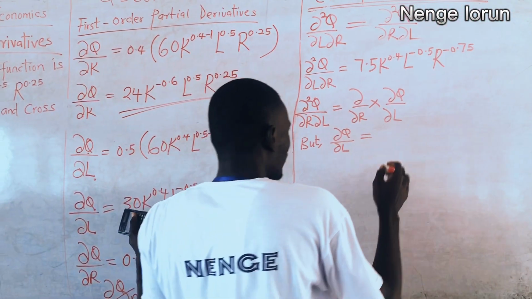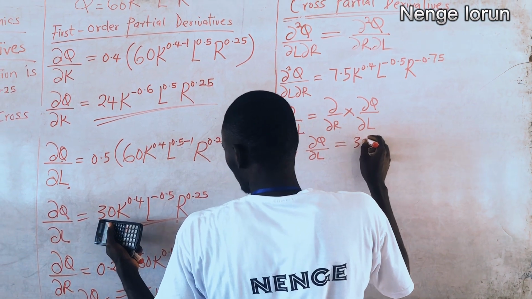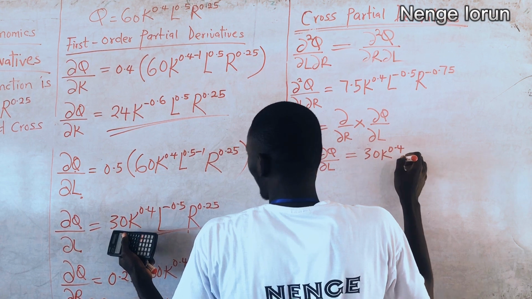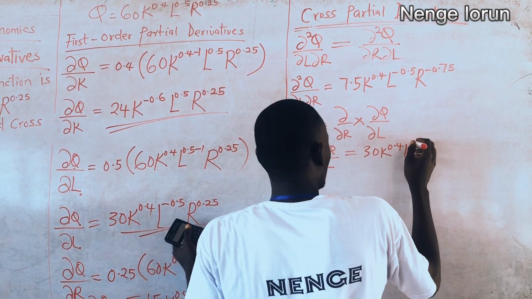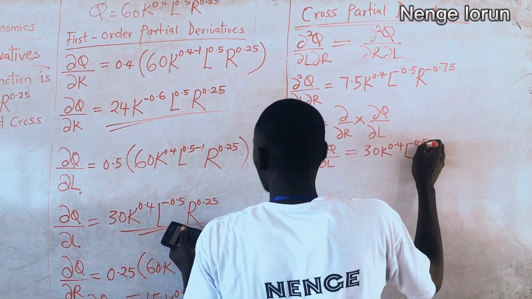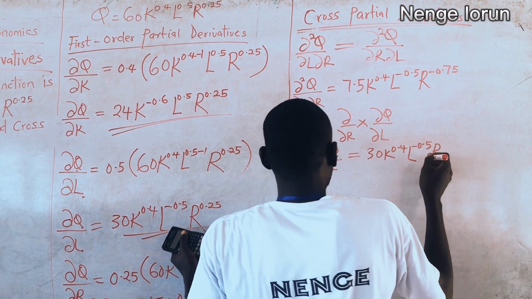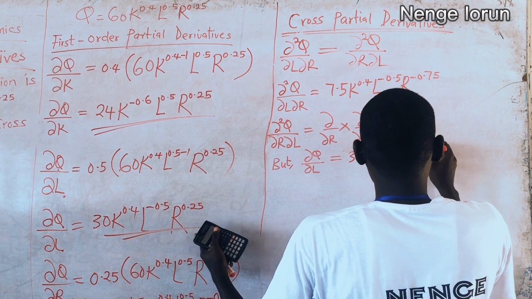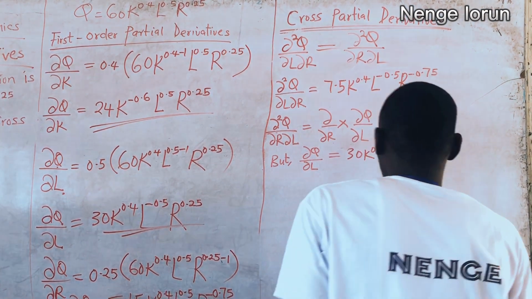So you will have 30k raised to the power of 0.4, l raised to the power of minus 0.5, r raised to the power of 0.25.